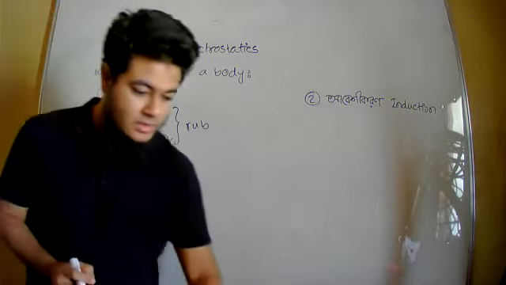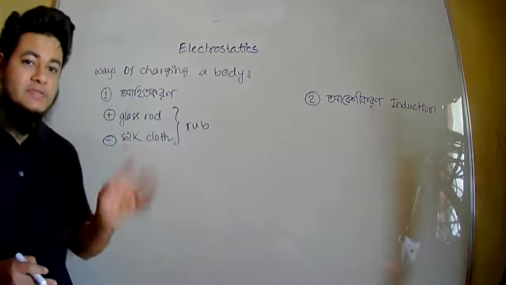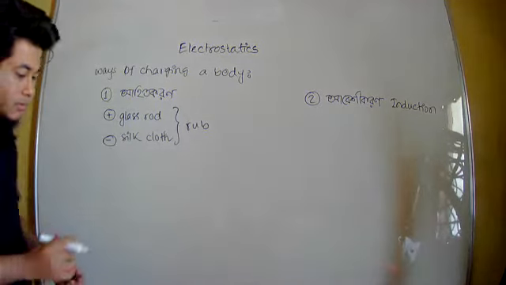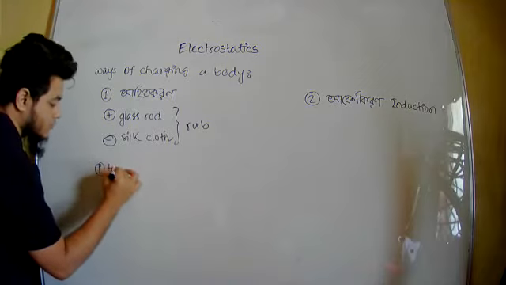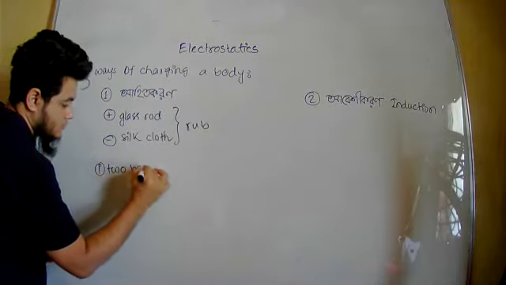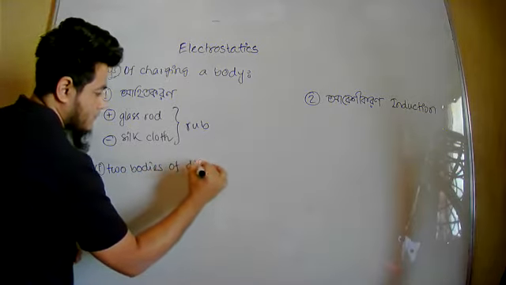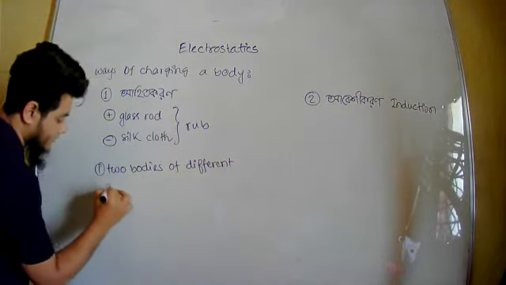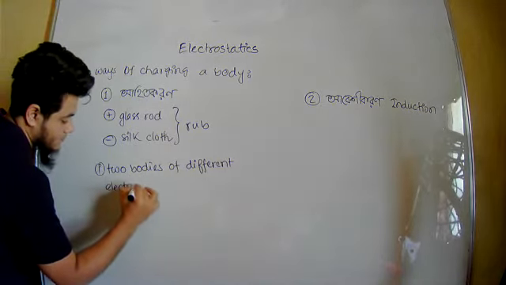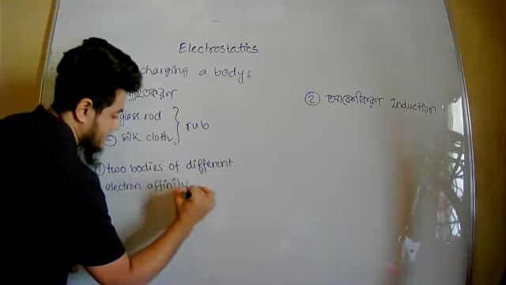Okay. Now, what are the characteristics of this type of process? Number one, we have to take two bodies of different electron affinity.